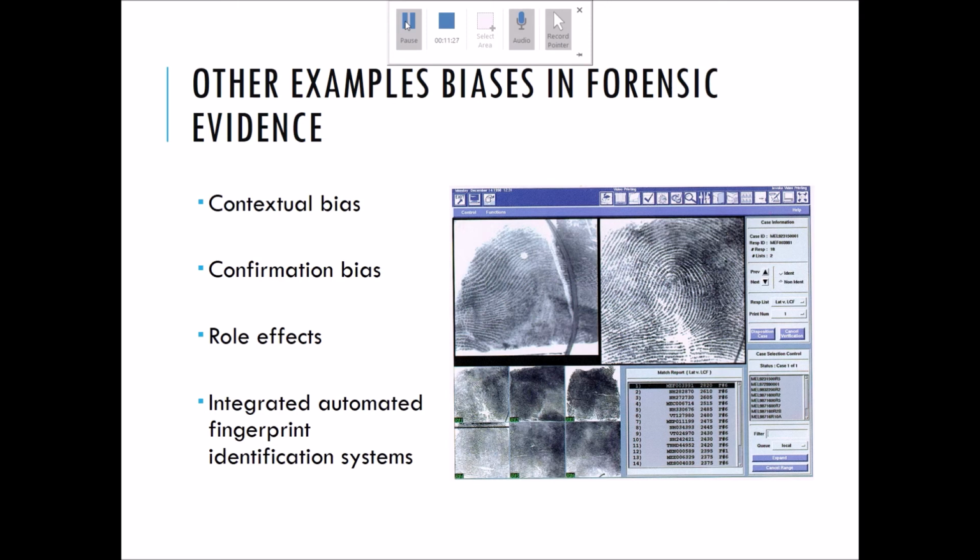So you can see on the image there that there's a list of potential matches. Now those lists are ordered in order of relevance. The idea is that you might show biases there, where the people responsible for examining whether they are a match or not become used to accepting the ones at the top of the list, and are less likely to consider the ones lower in the list, because you think that they're more relevant and therefore could be more of a match, more correct.